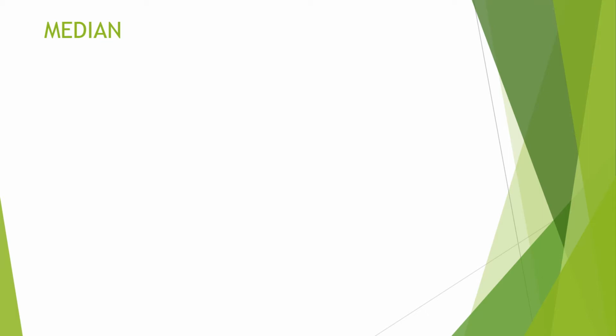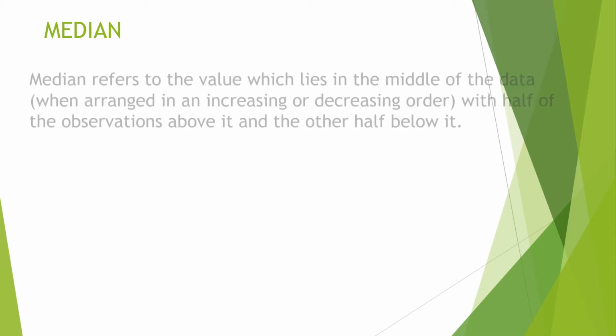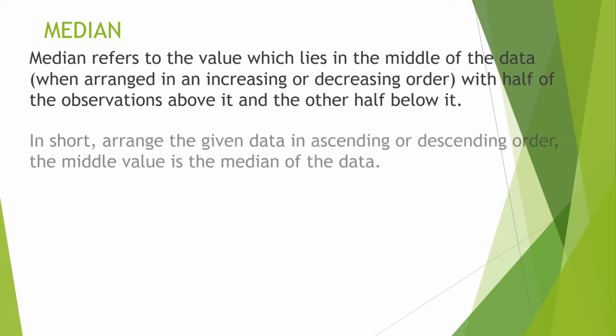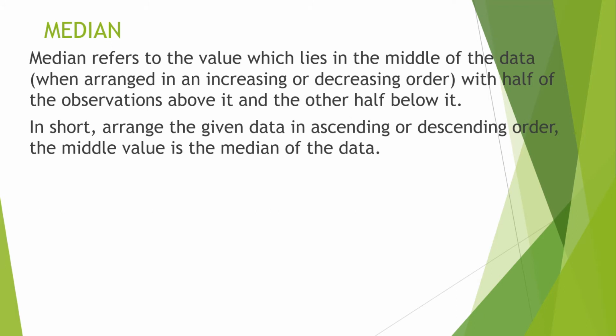Next, we can discuss median. Median refers to the value which lies in the middle of the data when arranged in ascending or descending order, with half of the observations above it and the other half below it. In short, to find the median, arrange the given data in either ascending or descending order.